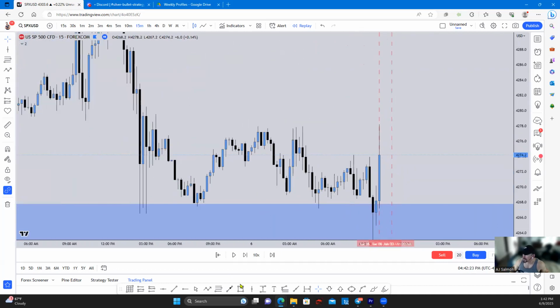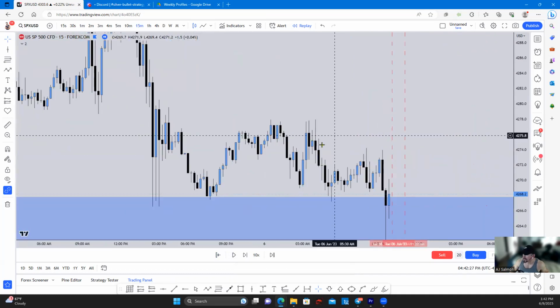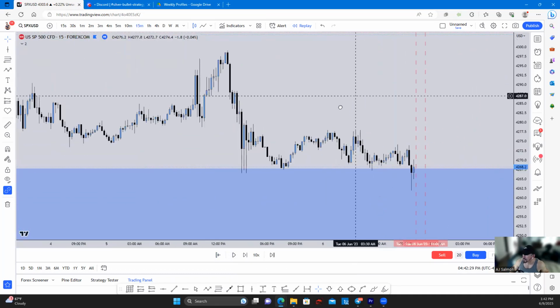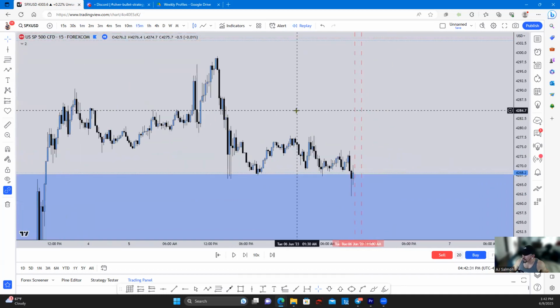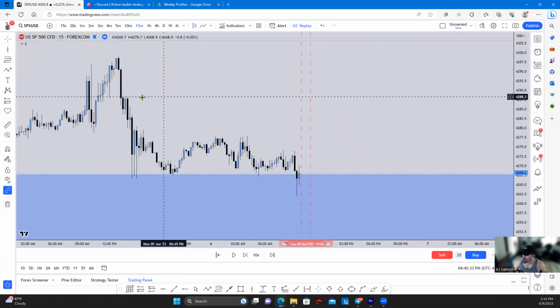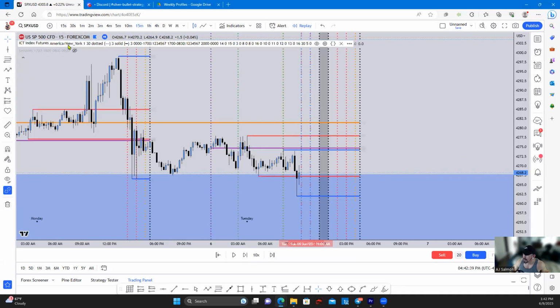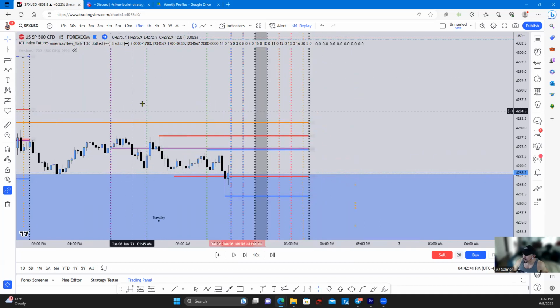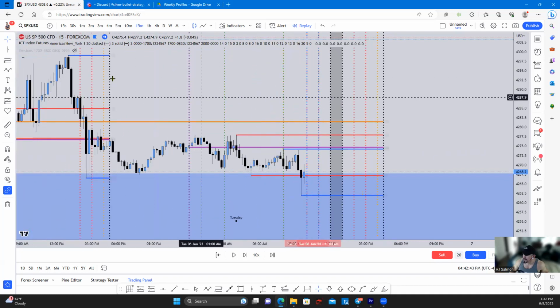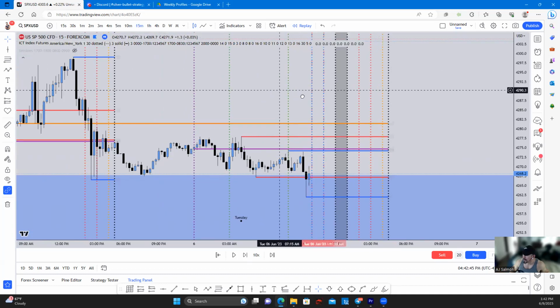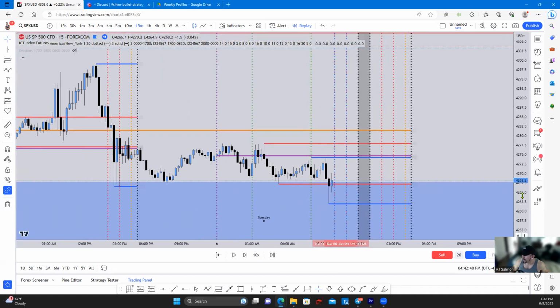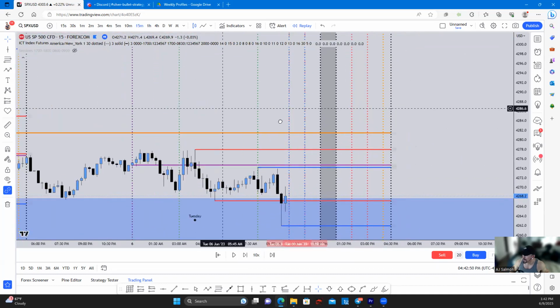So what you want to do before 10 a.m. on the 15-minute time frame, you want to mark off your London high and London low. So I like to use this indicator called ICT index futures vertical lines. Okay, this gives me my times here.